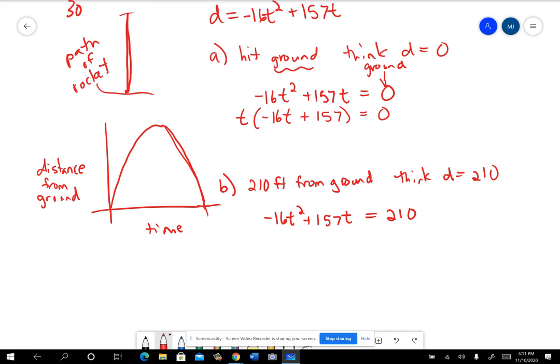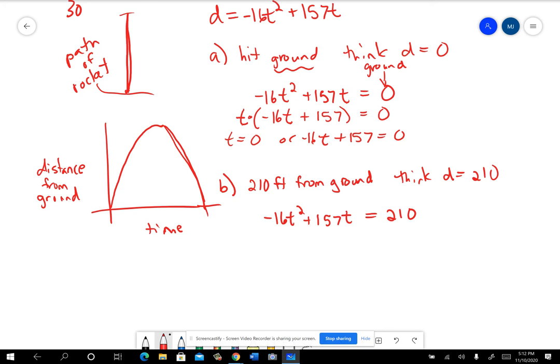All right. And so then I've got two factors multiplied and equal to 0. So either t equals 0 or negative 16t plus 157 is going to equal 0. By the way, when you're using t's, it really helps to make the tail of the t kind of curve to the right so it doesn't look like a plus sign.